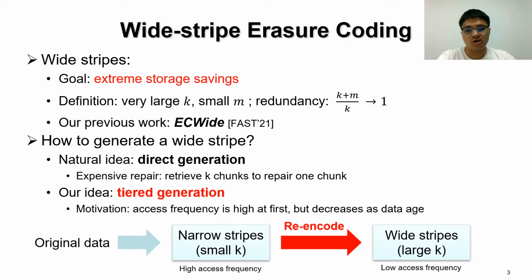If the original data just entered the system, it is stored in narrow stripes, as it usually has high read frequency and we don't want frequent and expensive repair. But when the data ages, we can encode it into wide stripes. Seems like a good balance, right?